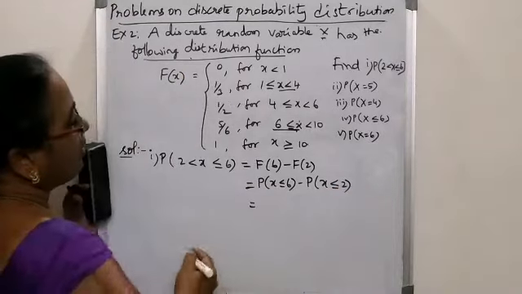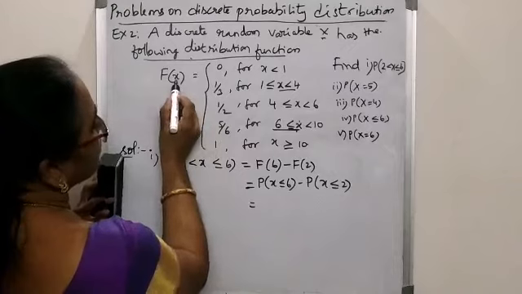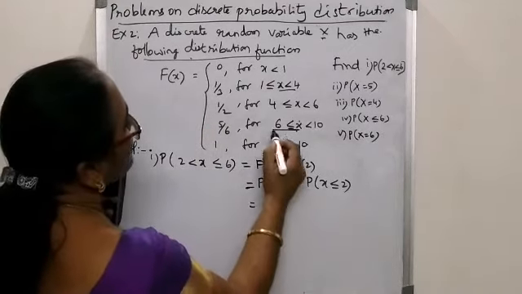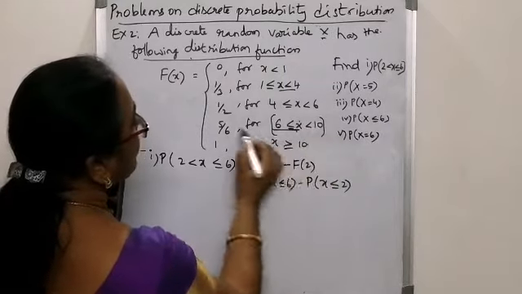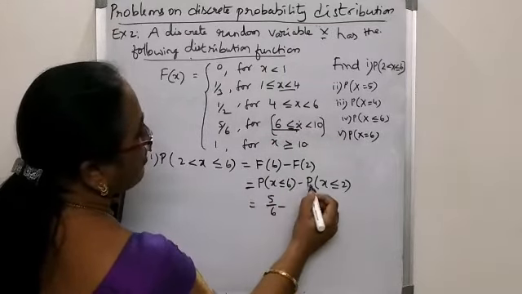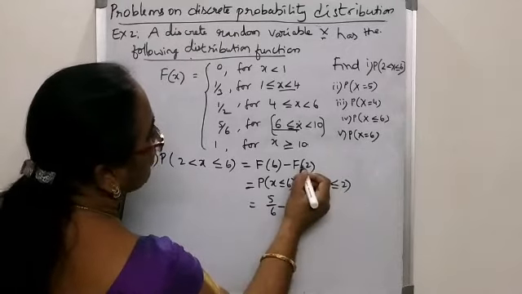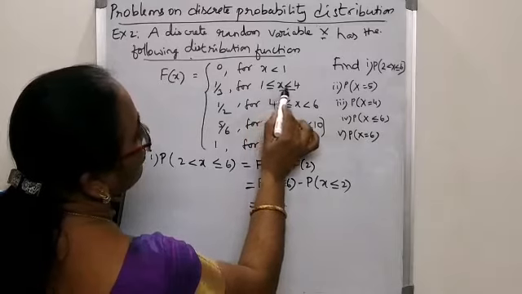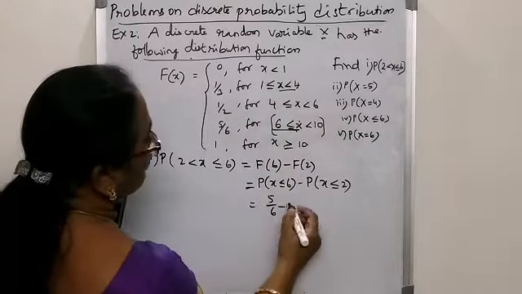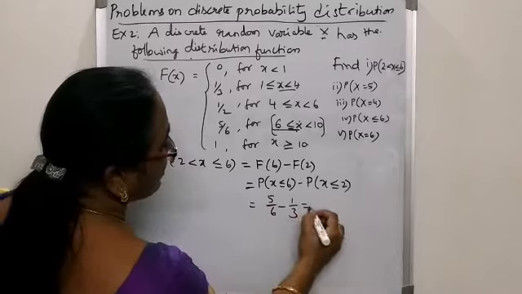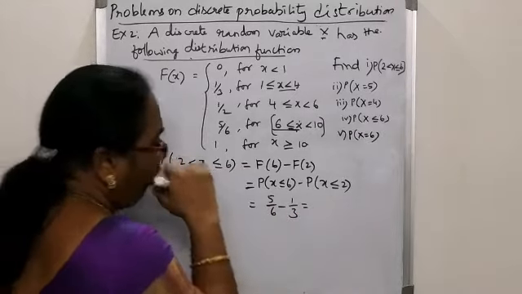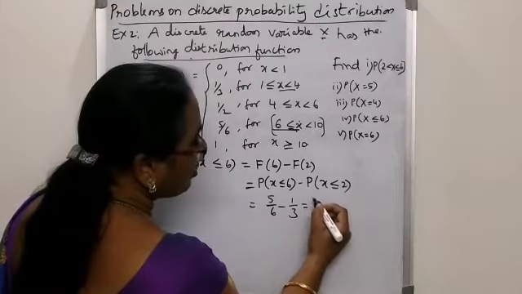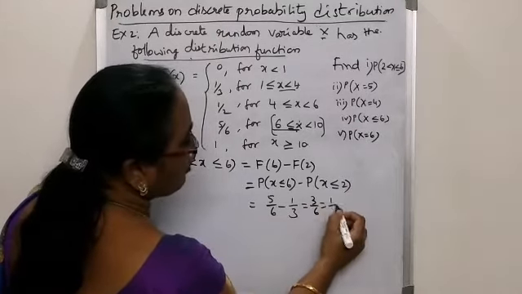From our table, P of x less than or equal to 6 is given from the interval 6 to 10, which is 5 by 6, minus P of x less than or equal to 2 given by f of 2, and 2 belongs to the interval 1 less than or equal to x less than 4, so it is 1 by 3. So 5 by 6 minus 1 by 3. We have 5 by 6 minus 2 by 6, 5 minus 2, 3 by 6, which is 1 by 2.